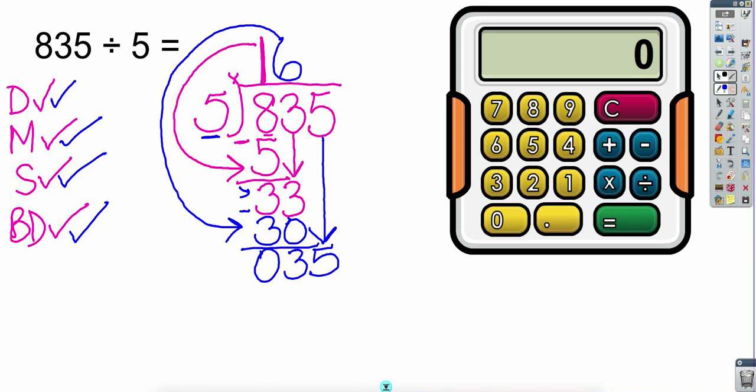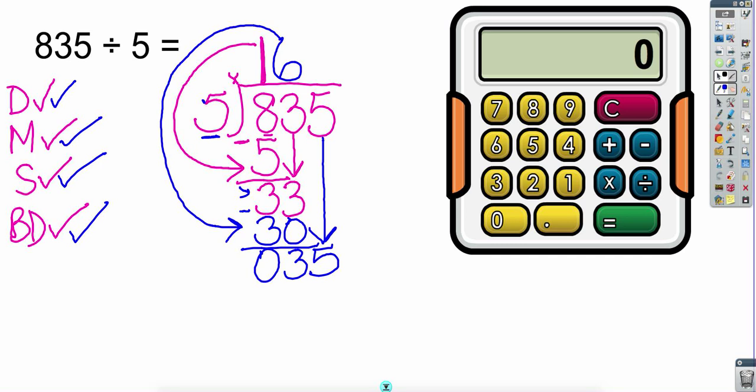Give myself a check. Now, some of you are saying, all right, this is my answer, 16 remainder 35. And this can't be accurate for 2 reasons. First, your remainder cannot be equal to or greater than your divisor. So your divisor is 5, right? Your remainder is 35.